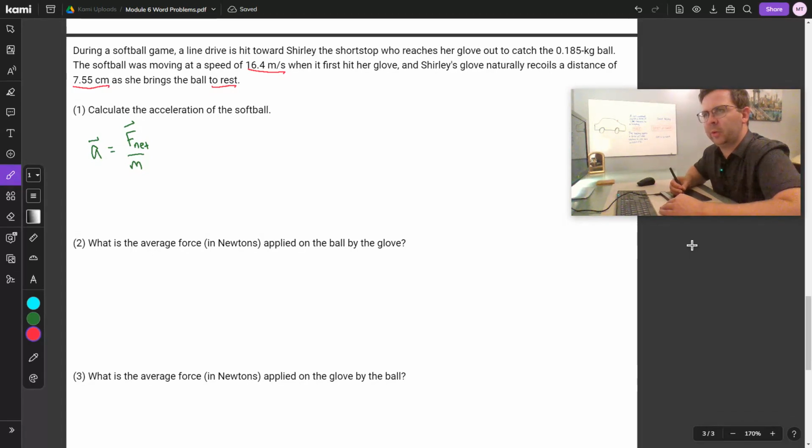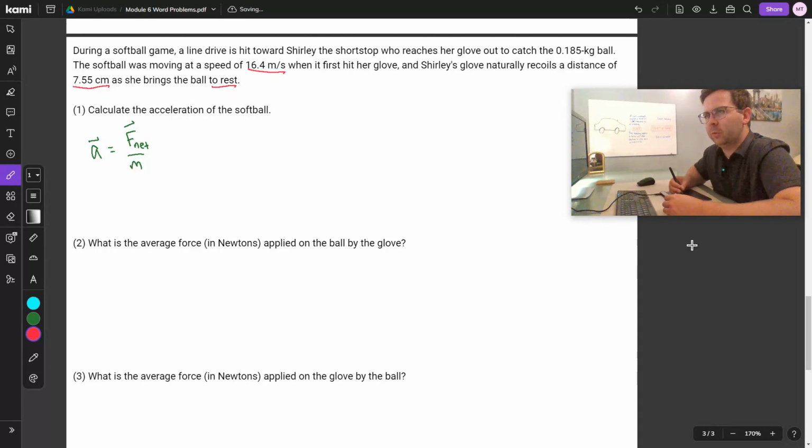I need to translate this information into what it represents about the ball's motion. This is where the tricky part comes in. You need to think through what these values actually represent about the ball's motion.